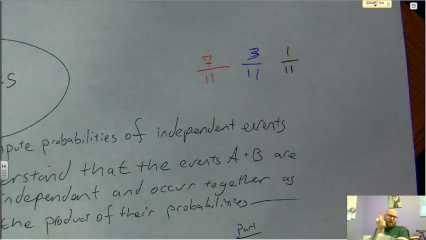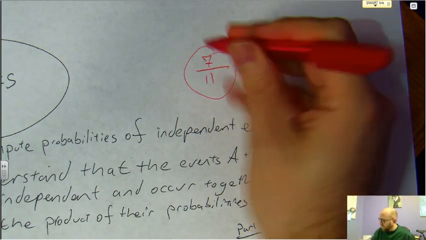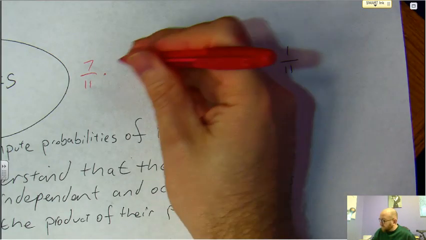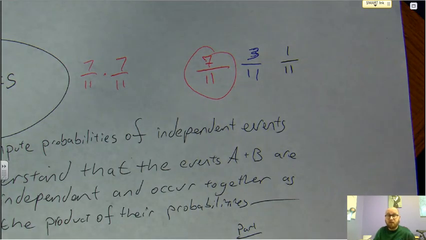Ooh, I pulled out a red one, naturally. It's exactly what I wanted to do. So what were the odds of that happening? What are the odds of me grabbing a red one first and then putting it back in and pulling out a second time? Well, the odds of it happening the first time is 7 out of 11. And then the odds of it happening the second time is still 7 out of 11. That second draw, there's 7 red poker chips out of 11.